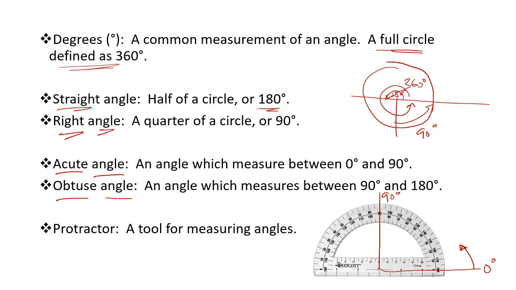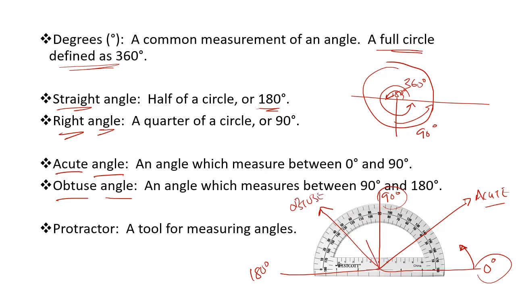But either way, an acute angle is going to be one that measures between 0 and 90. So we would say that this is an acute angle because it's between the 0 and the 90. And then an obtuse angle is one that is between 90 and 180.